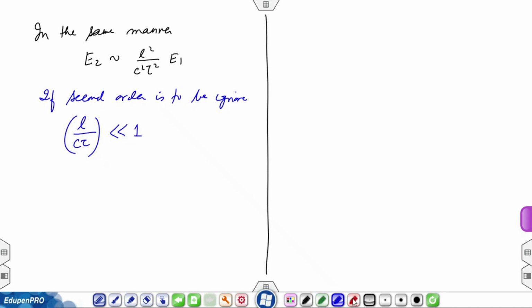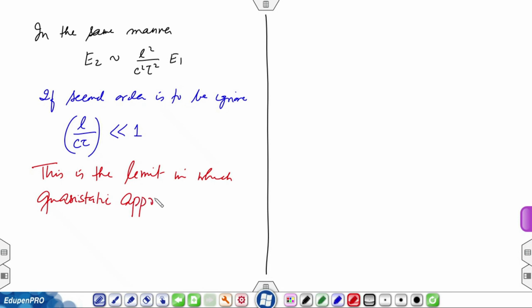So, this is the quasi-static limit, the limit in which the quasi-static approximation is good.